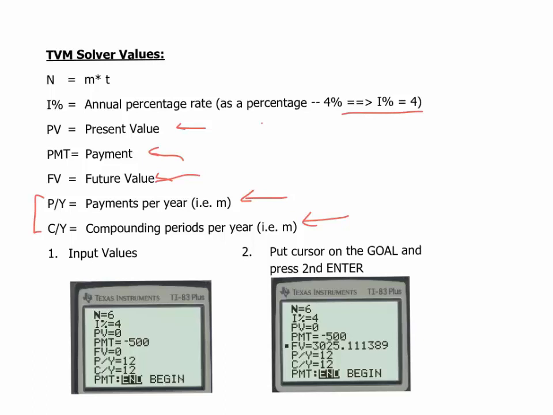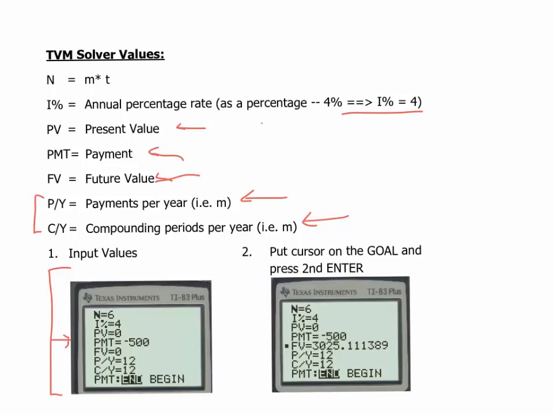So if we were going to do this problem that we've been working on, the $500 deposits for 6 months, we would need to input the following values into our TVM Solver. Our N is 6 because we had 6 deposits. My annual interest rate was 4%, so we're going to put 4. My present value is 0. Now notice one thing that's different here is I put my payment as negative 500.